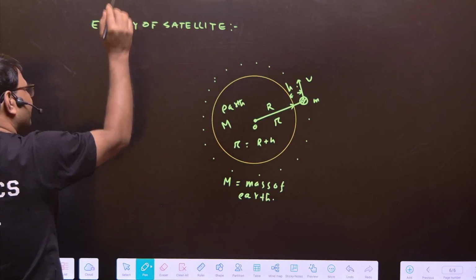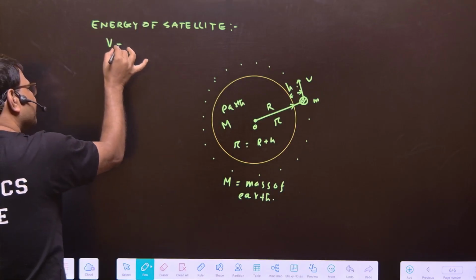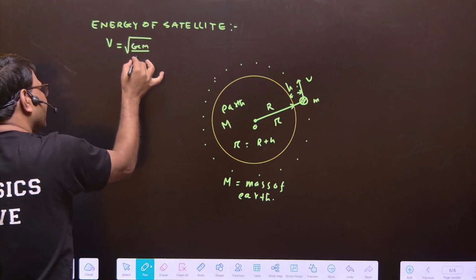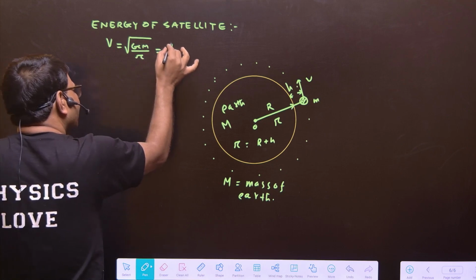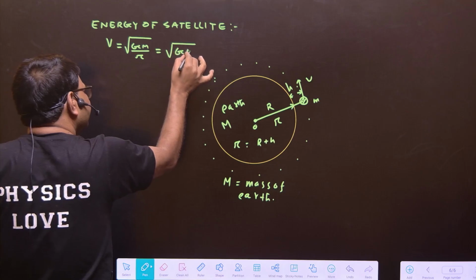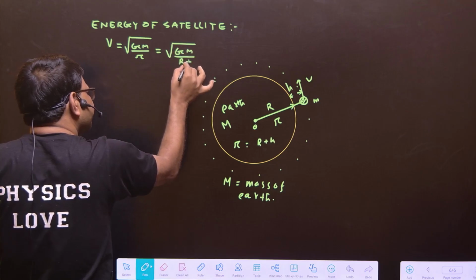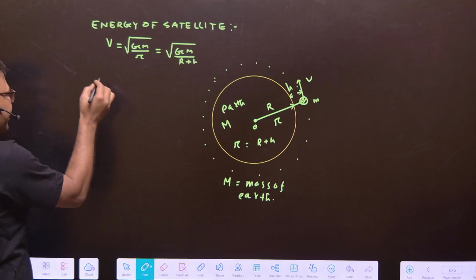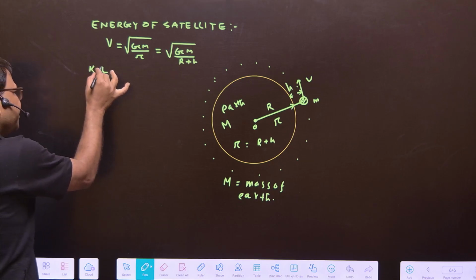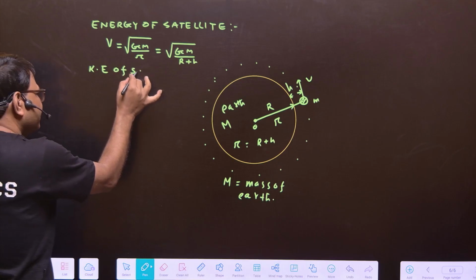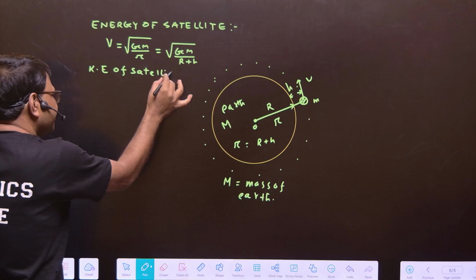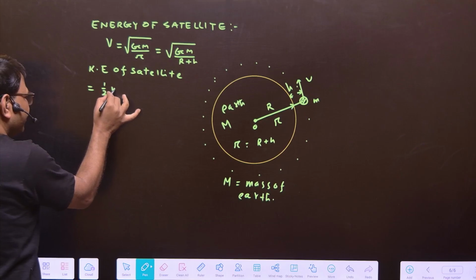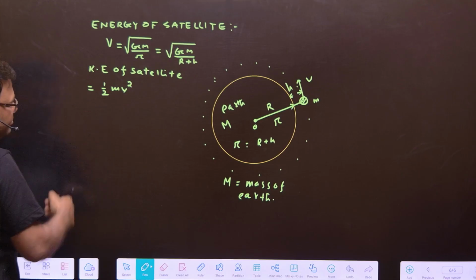First, orbital speed we had got: v equals root over GM by small r, or instead of small r, root over GM divided by R plus h. Clear? So for the movement of the satellite, kinetic energy of satellite, K.E., is equal to half m v square, with m the mass of the satellite and v the orbital speed.